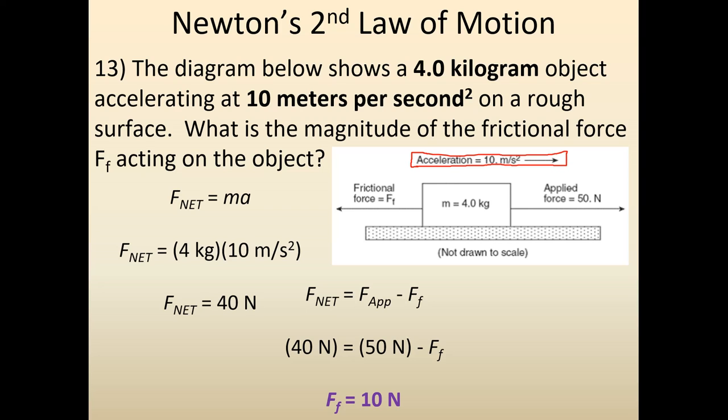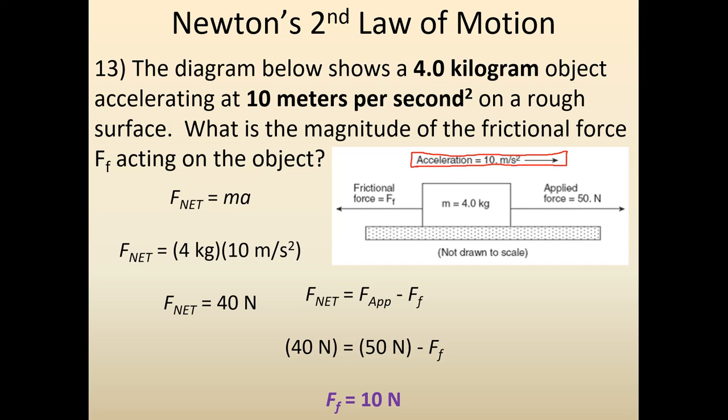But in the cases that we're going to talk about later on, saying that something to the right is positive and something going to the left is negative isn't really going to be useful. So instead, what we're actually going to do is say that the direction that the acceleration is going is defined as positive. This makes it so that our net force will always be positive, and we at least don't have to worry about the signs there.